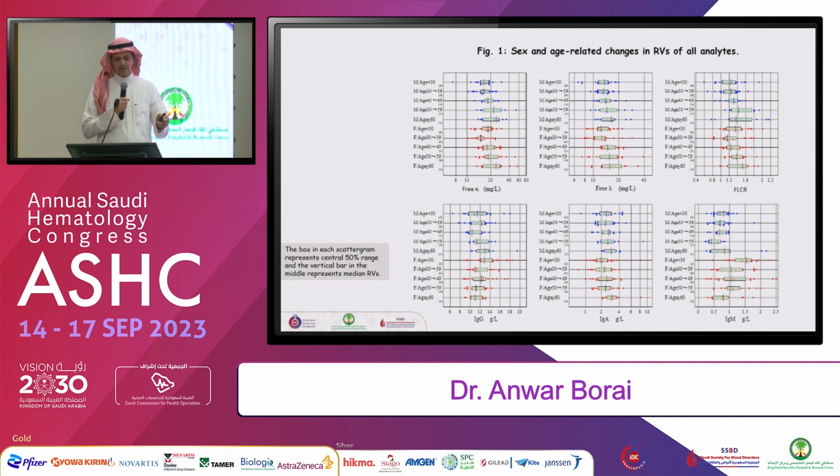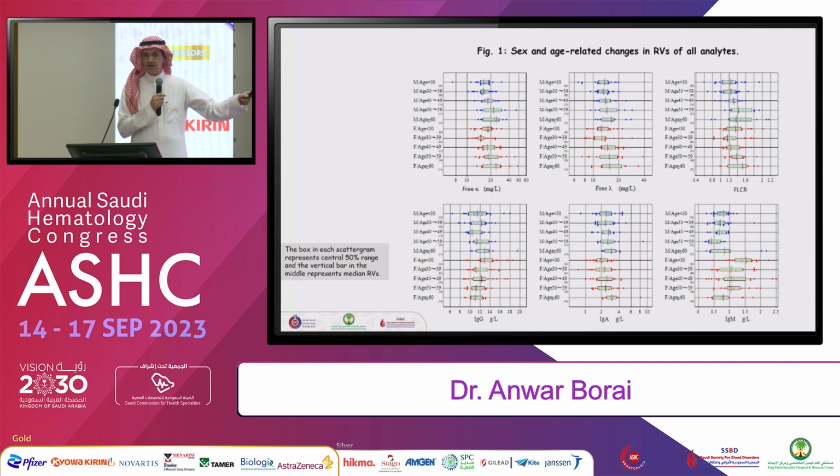You can also see the distribution of our subjects' data for free light chains. As you can see in the last figure, the free light chain ratio increased with age, as expected. And you can also see that for IgM, the difference between males and females is big and significant.